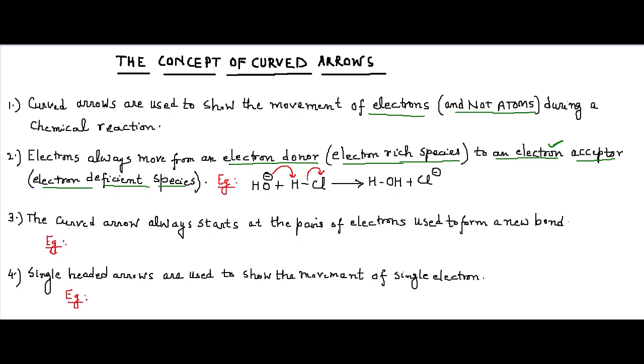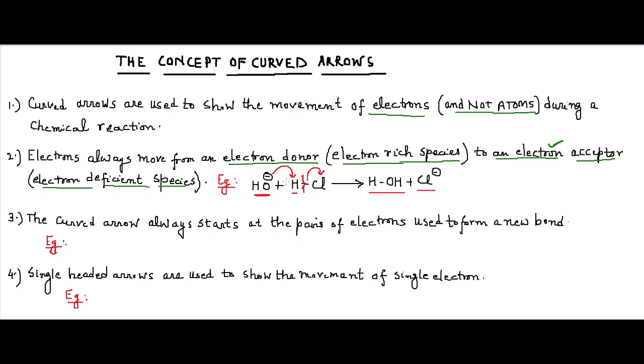You can see that the whole hydroxyl group is negatively charged because of the oxygen. This negative charge moves on to the hydrogen of the HCl, then the H-Cl bond breaks and chlorine gets detached. So by the end of the reaction we have HOH and Cl minus.